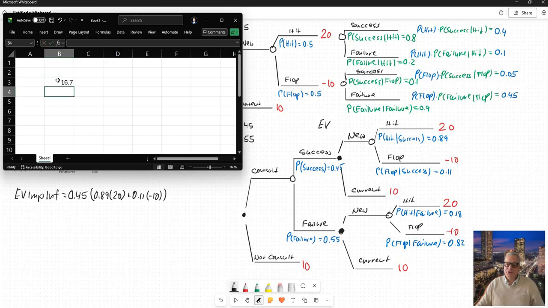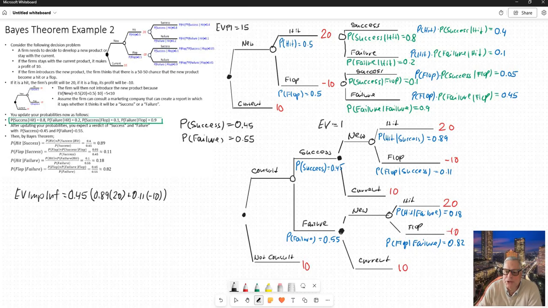So if the consulting company thinks it will be a success and we introduce the new one, we can expect an expected value of 16.7, which is greater than the current, which means we will go with the new one, and we eliminate this one.